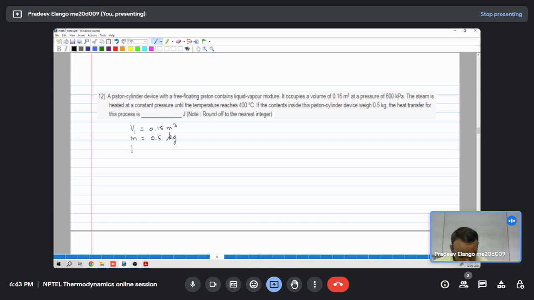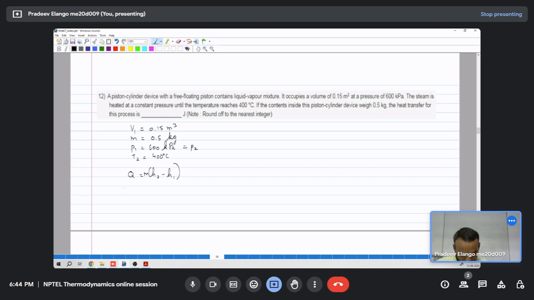The pressure at the initial state is 600 kilopascal and the temperature at the final state is 400 degrees Celsius, and the pressure is constant throughout the process, so we can take P1 equal to P2, and we have to calculate the heat transferred for the process. So this is a constant pressure process, so heat transfer can be written as H2 minus H1, that is, mass into H2 minus H1.